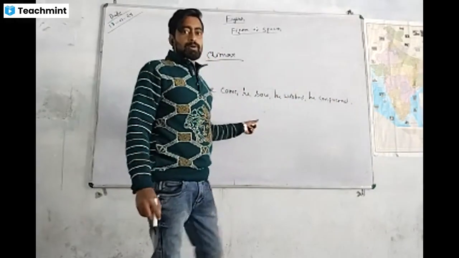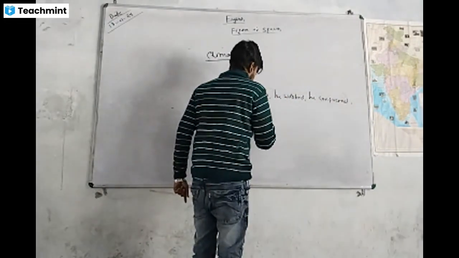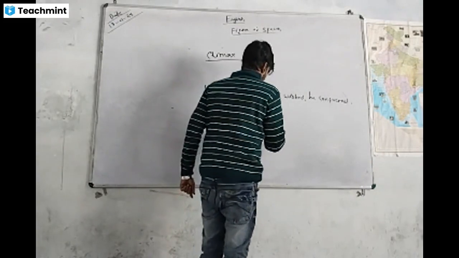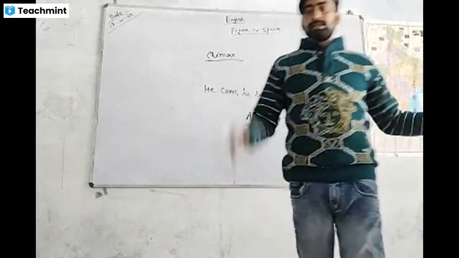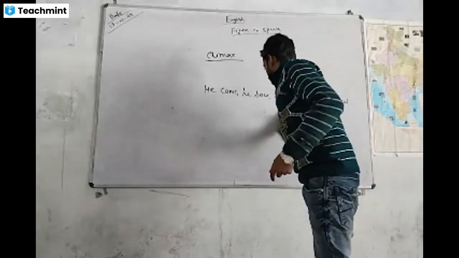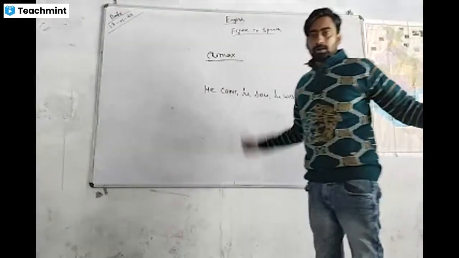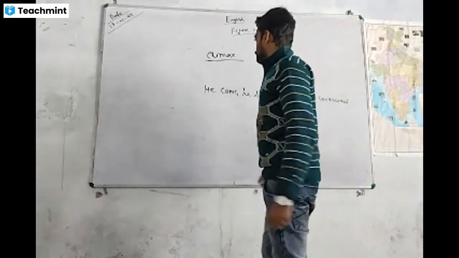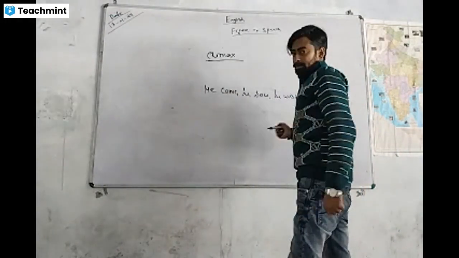Basically, it is applied to Alexander, the greatest Alexander. Leave the history now. Basically, this time we are going to do some figures of speech, so we are not going to take the history.